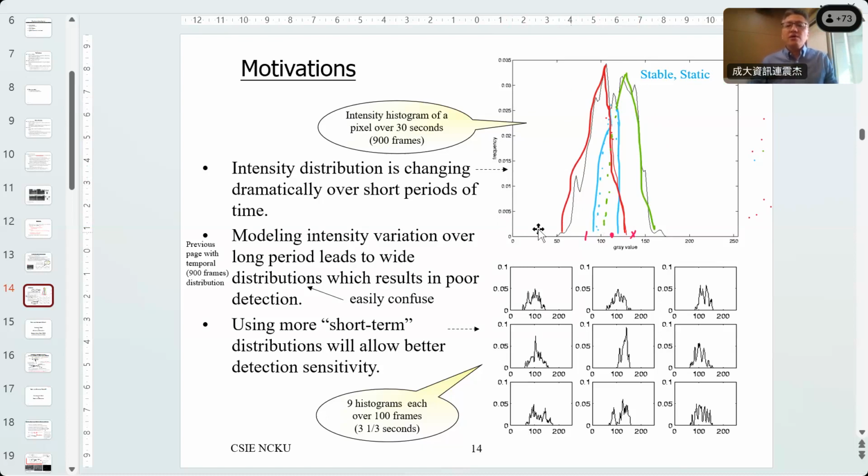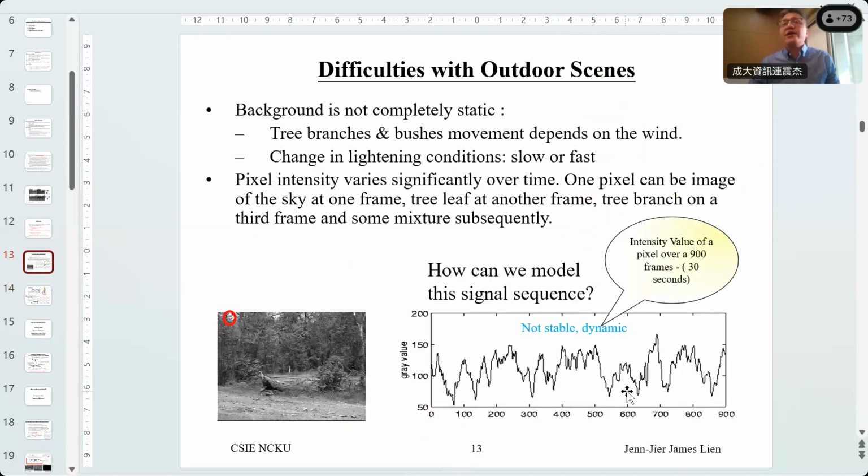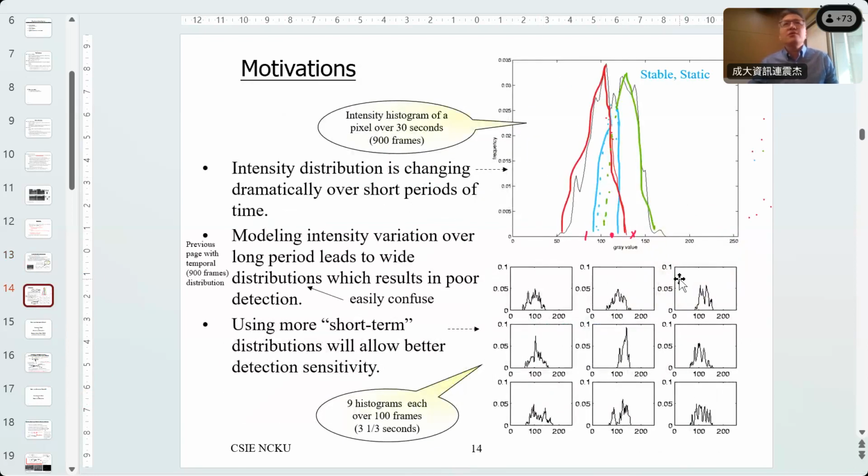Okay, so after that, we start to do the modeling. So this one doesn't look like a Gaussian. This one is more similar to a Gaussian, but still not one Gaussian. So what we can do is, suppose we use vector quantization to do the clustering.